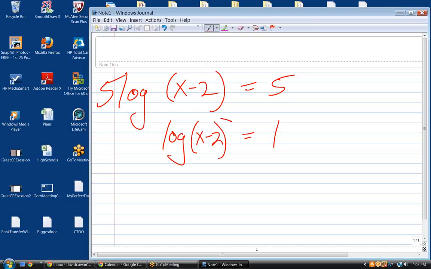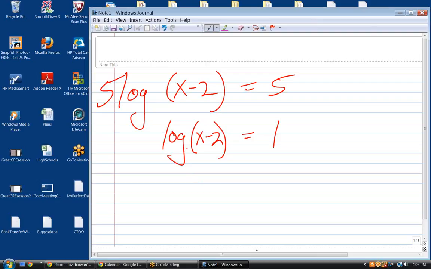Now we have the log isolated, so I can turn it into an exponential expression and then solve it. So what would the exponential expression of this be? Wouldn't it be log base 10 times 1 equals x minus 2?